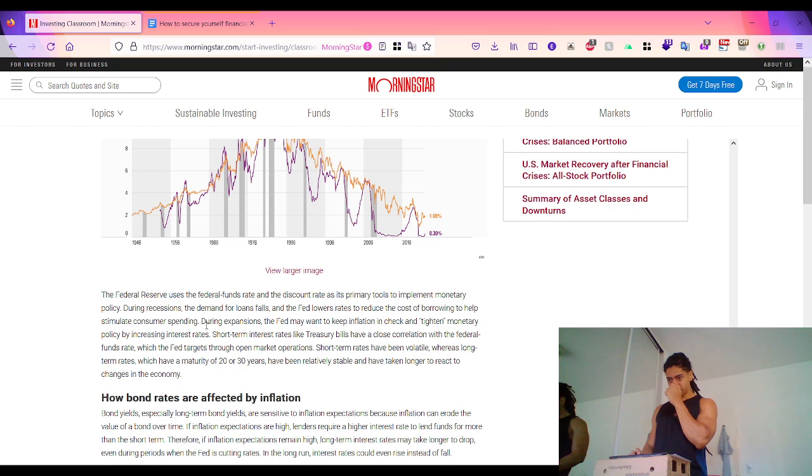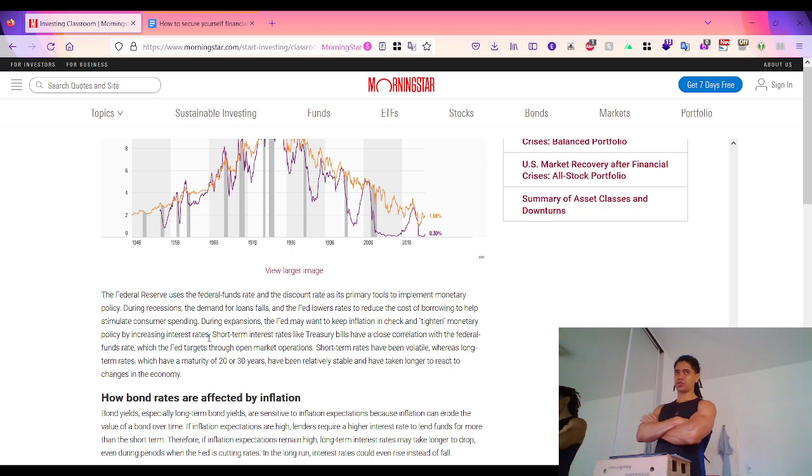The Federal Reserve uses the federal fund rate, which is the interest rate at which commercial banks lend funds to each other overnight, and the discount rate, the interest rate charged by the Fed when it lends short-term loans to commercial banks, as its primary tools to implement monetary policy.